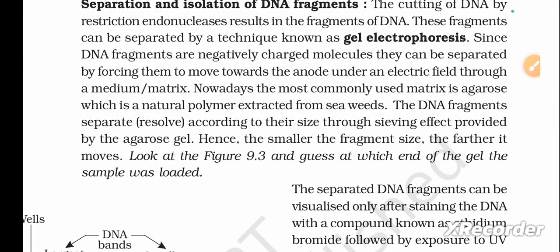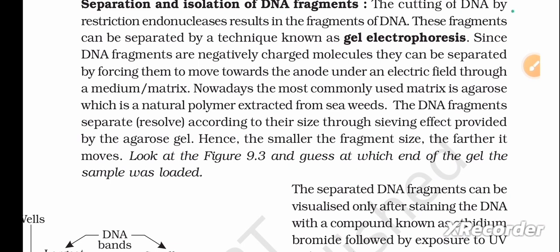Nowadays, the most commonly used matrix is agarose, which is a natural polymer extracted from seaweeds. The DNA fragments separate according to their size through the sieving effect provided by the agarose gel. Hence, the smaller the fragment size, the farther it moves.